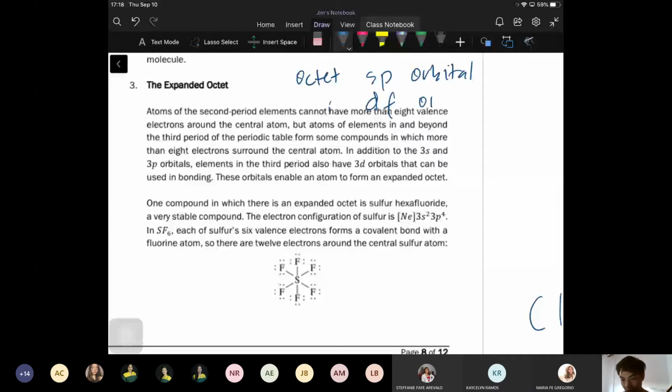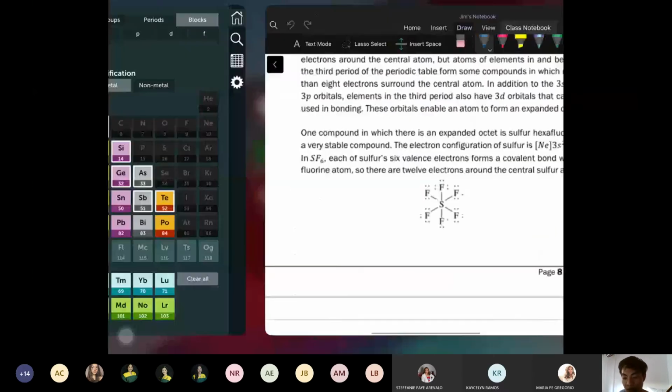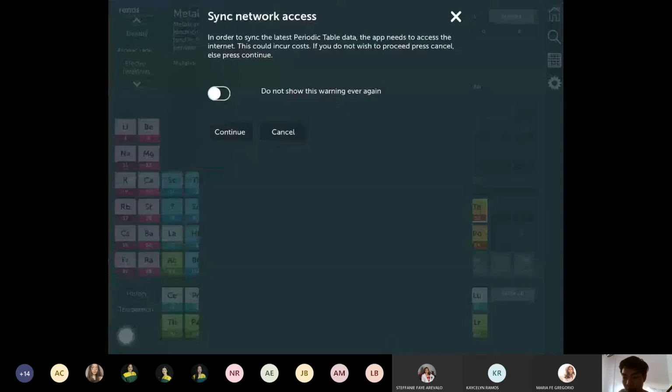So, ano implication nun? The more orbitals you have, that means the more capable your atom is at accepting electrons. So, sino-sino yung mga pwedeng gumawa ng expanded octet, no? Usually, the atoms that form the expanded octets are found in the third period and below.